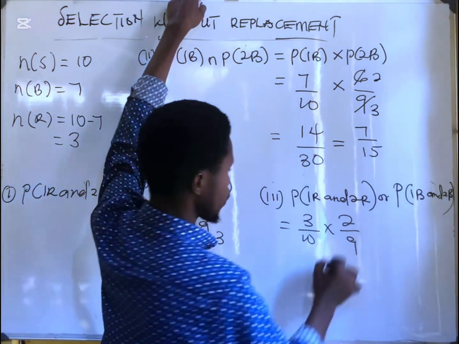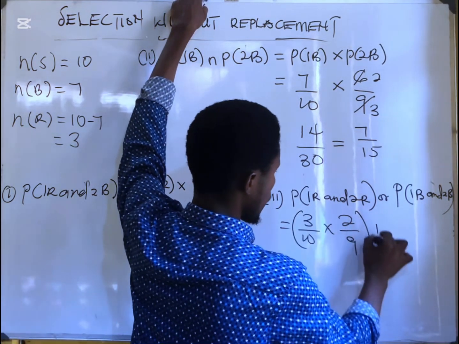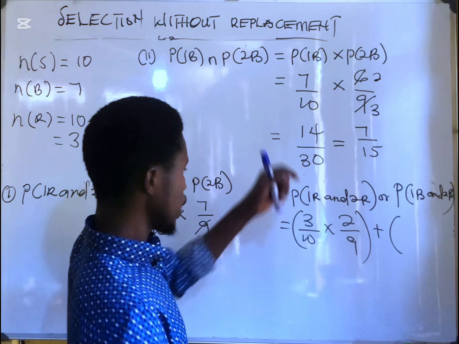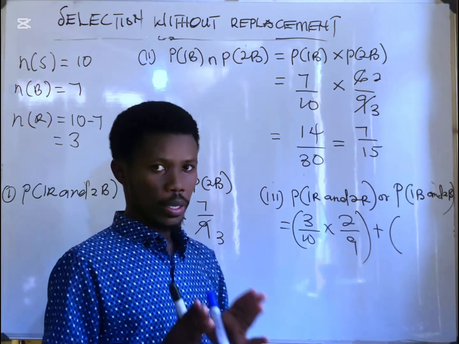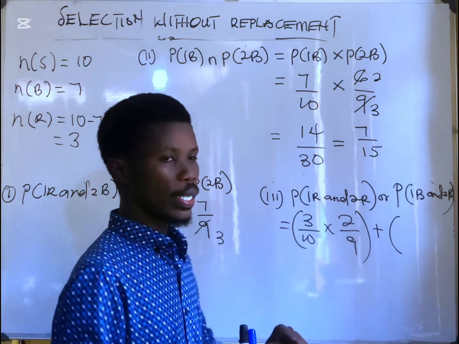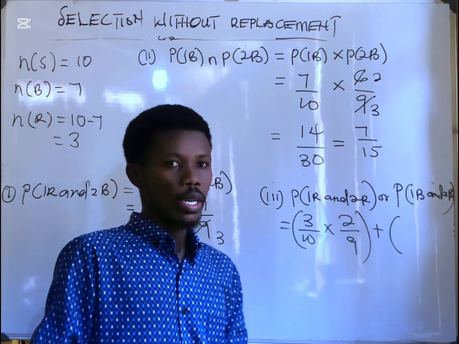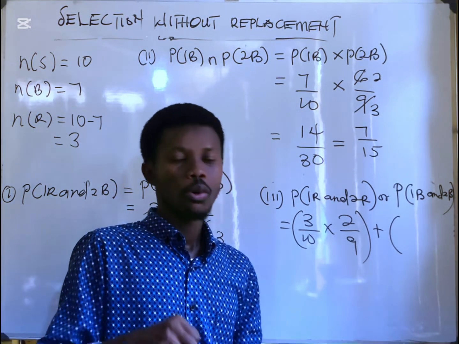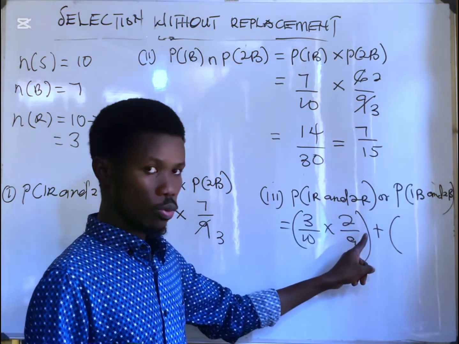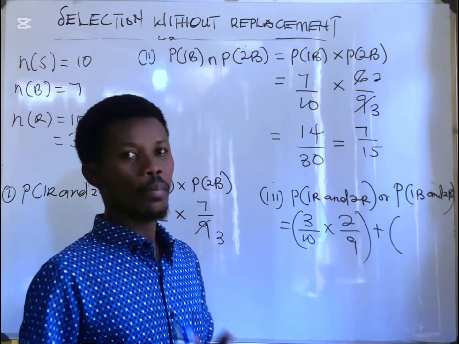Is that okay? Plus, but if it is black, please take a good look at this one. Here they are saying of the same color, so it means that the first 2 that you pick were either red, in which case it will be 3 and then it will reduce, or black.